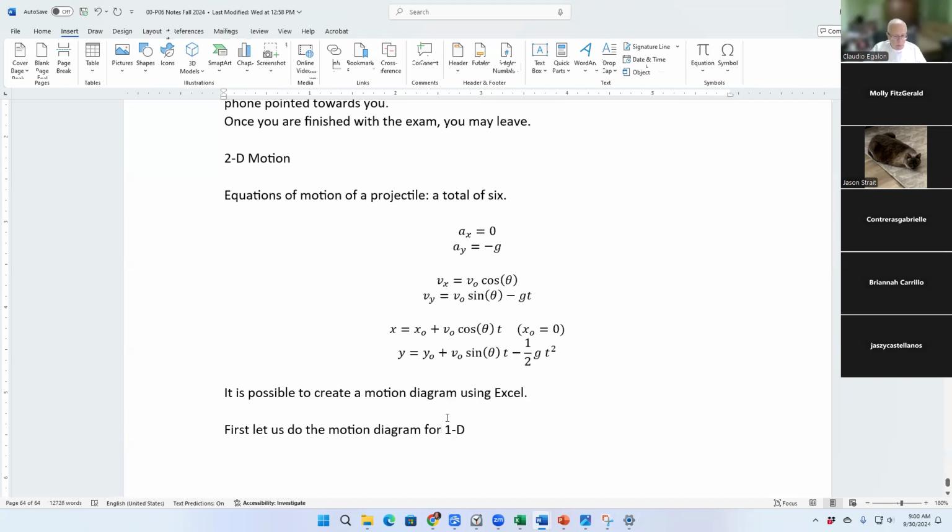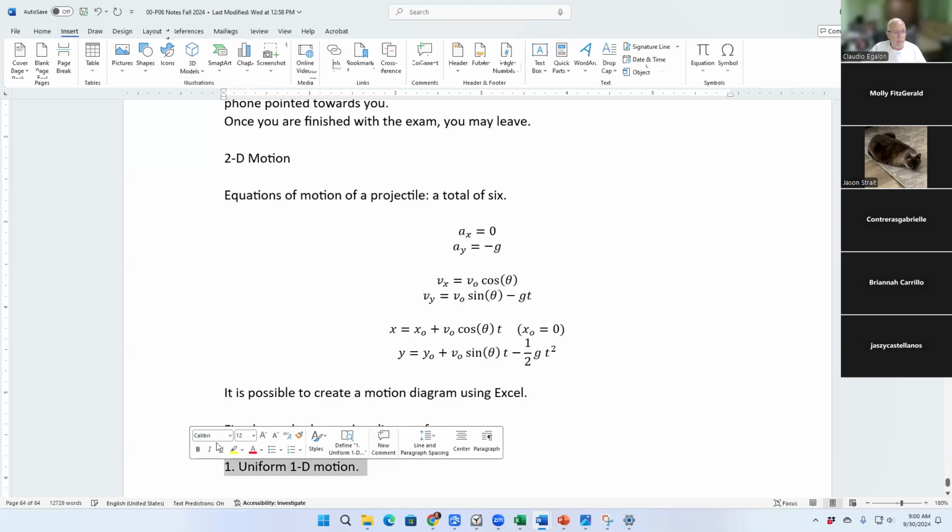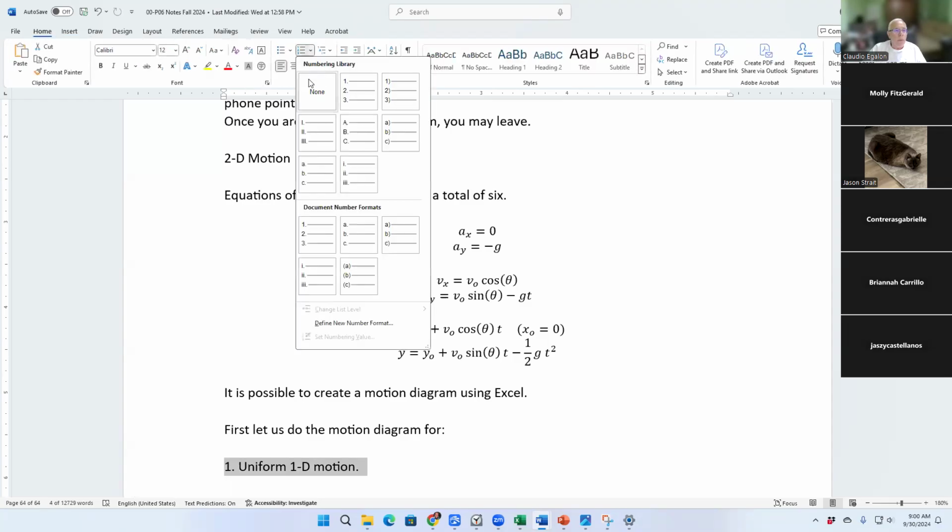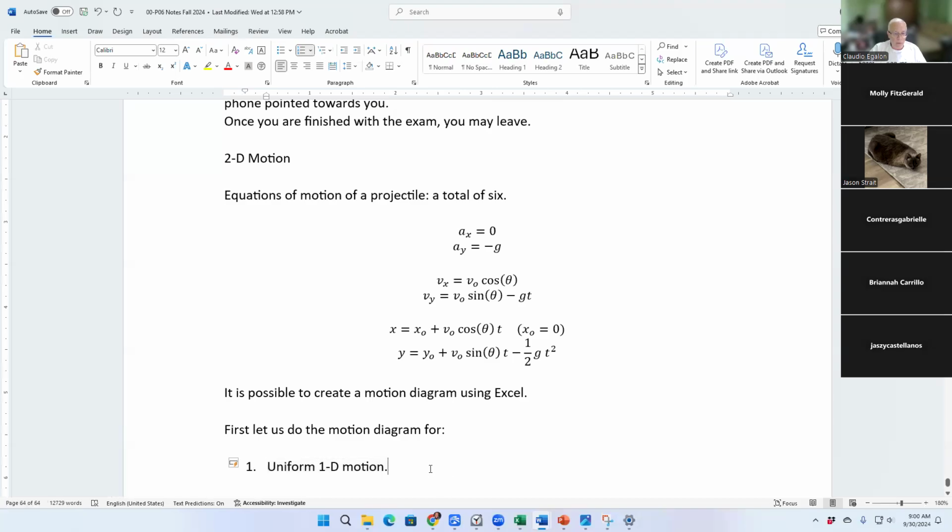Okay, motion diagram for uniform 1D motion, right? Here you go, uniform 1D motion. Uniformly accelerated 1D motion.